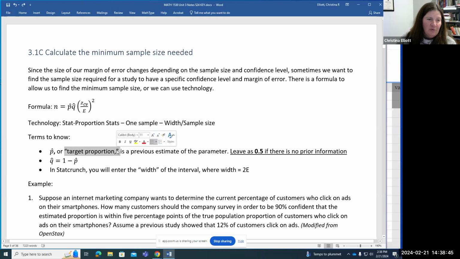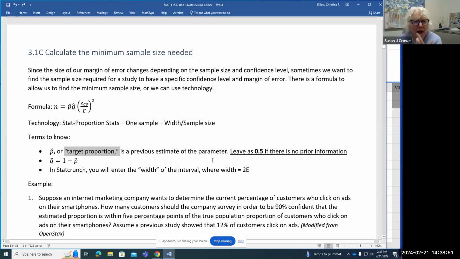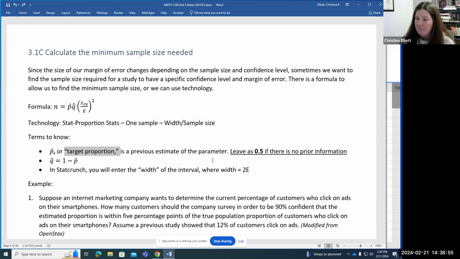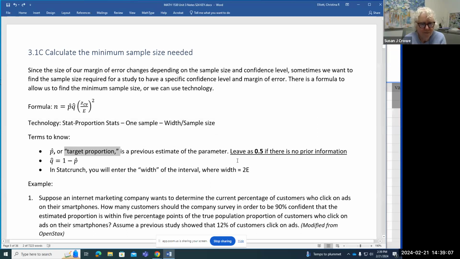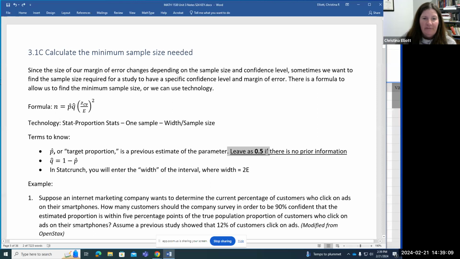And the target proportion is a previous estimate of your population parameter. Like if a previous study had been done and in that previous study it was 37% or whatever that said yes, then you would use 37 as your target. Yes. But what do we do if there is no previous study? Well, then what you do is you leave that as 0.5.